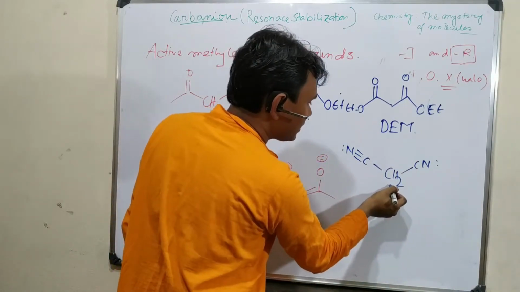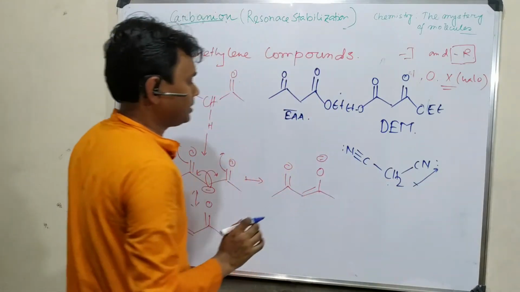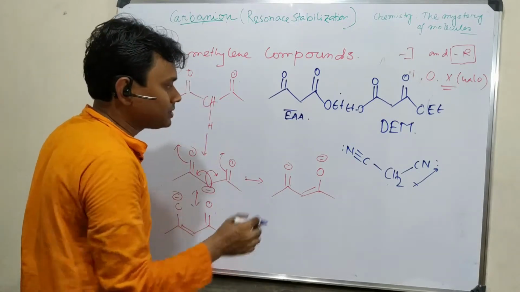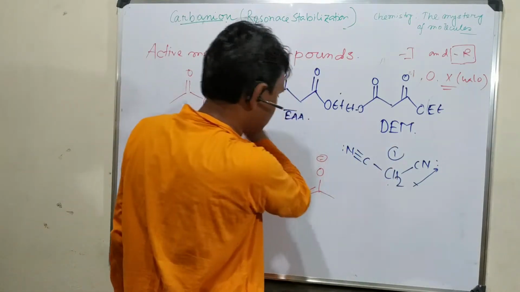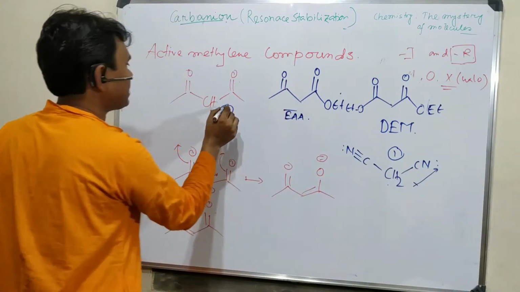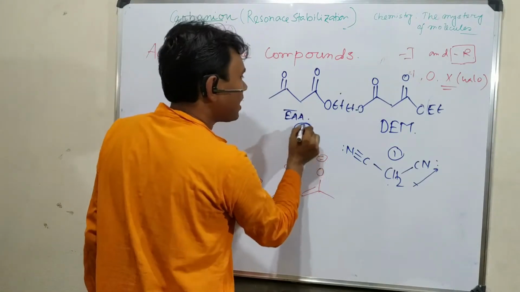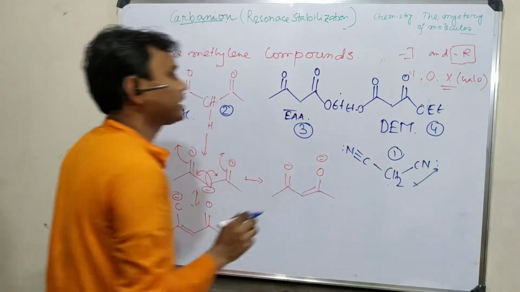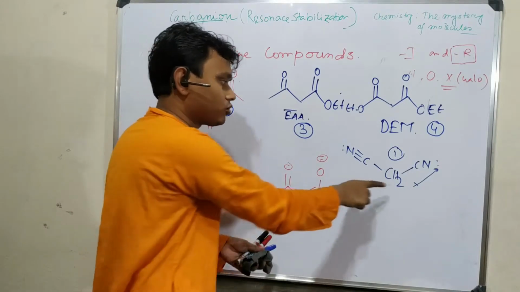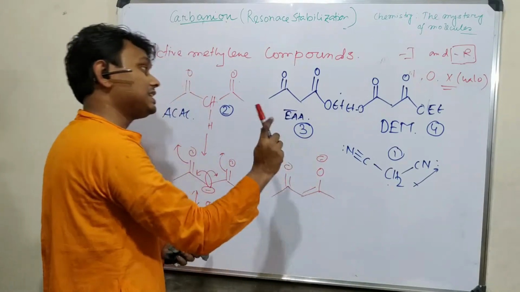These groups withdraw electron density and stabilize through resonance. If we check the actual electron withdrawing capability, dicyanomethane is number 1 among these four, acetyl acetone is 2, this is 3, and this is 4th. This is their reactivity order. Because there are two very highly electron withdrawing cyano groups, it releases the proton most easily among all four.